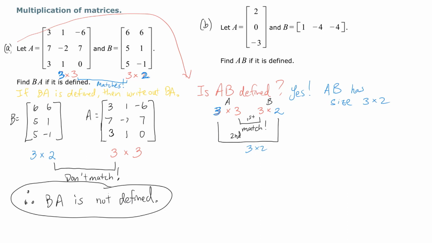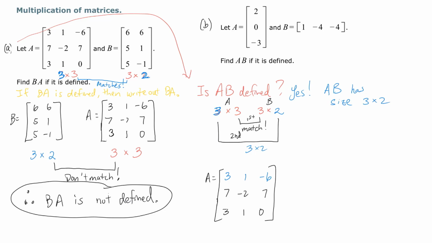And if you wanted to find the entries of A times B, I will give you a hint. Let's see here. So if you rewrote A, I'm going to highlight 3, 1, negative 6. And then I'm going to write the rest: 7, negative 2, 7, 3, 1, 0.